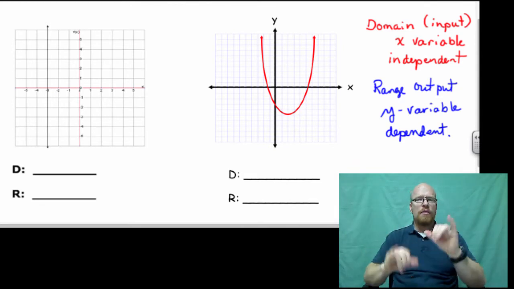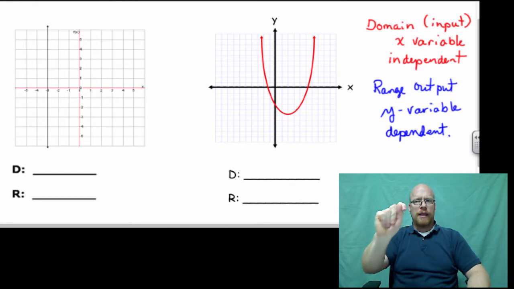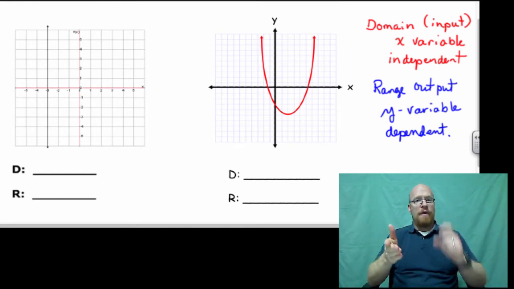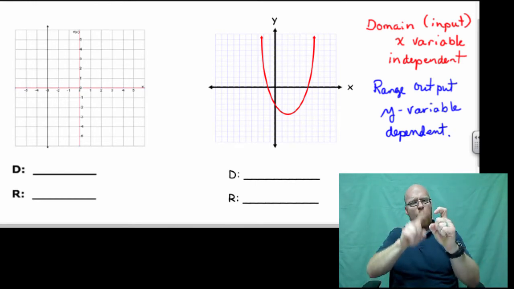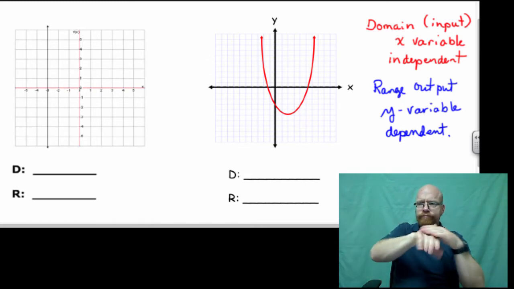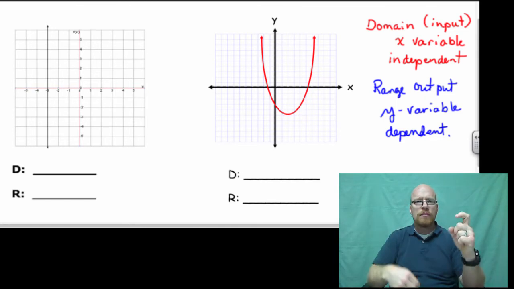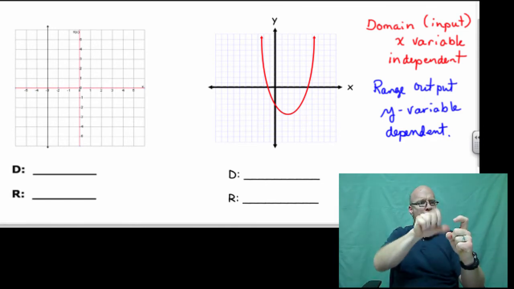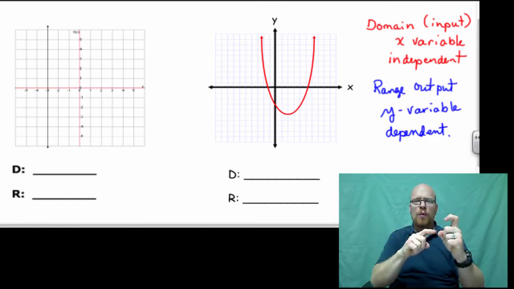I use two words here I haven't introduced before. Independent means the x value is not influenced by anything else. The x value is the input, it depends on nothing.